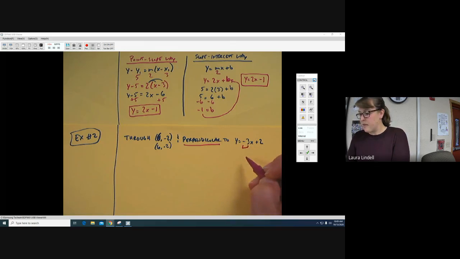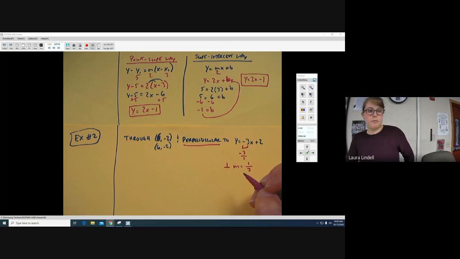And if I want something that's perpendicular to this, then this is really like negative 3 over 1. So we have to flip the fraction and change the sign. So my new slope is going to be positive 1/3 for my perpendicular line. So perpendicular slope is 1/3.